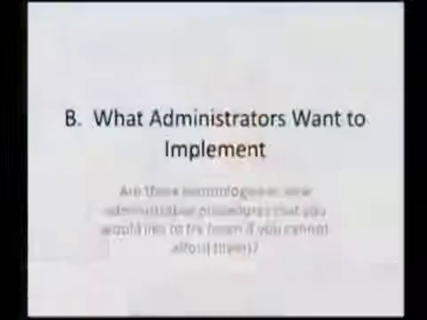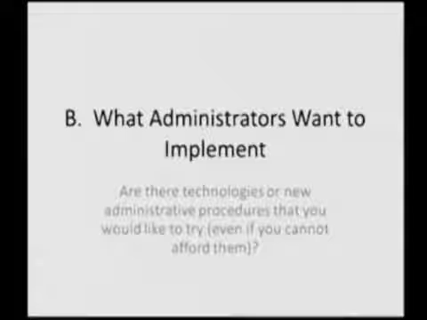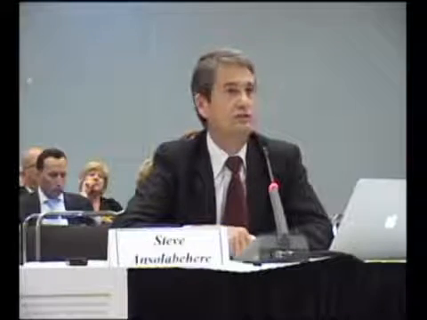I'm in particular going to focus on one of the questions. There are 3 questions that we really went after to dig into what's going on in the election offices and what the election officers see. One, we just asked, what are the problems that you've had? What's worked well? What hasn't worked well? What have been the specific challenges? Second question, which I'm going to talk most about today, is are there technologies or new administrative procedures that you would like to try even if you can't afford them?